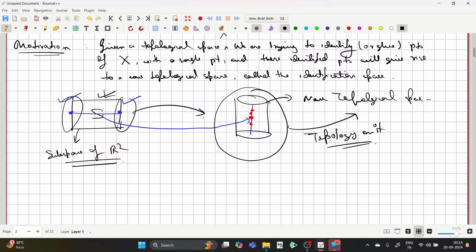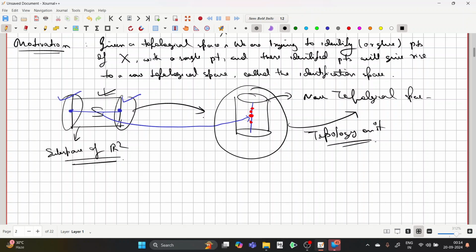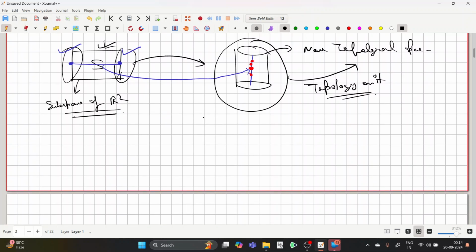Now these things are making some sort of sense. So I am trying to generalize this. Suppose I start with some topological space X, and I identify points inside X, and I form a new set Y, where the identified points correspond to the points in Y. Let me give a visual interpretation once more.